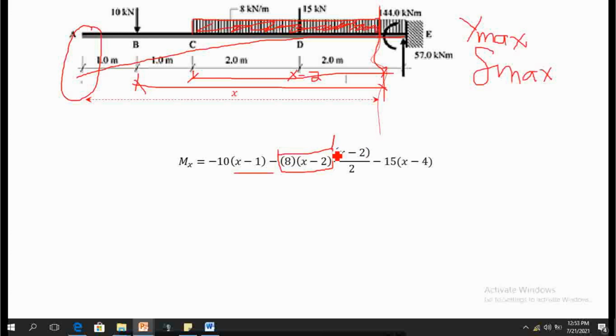Ano naman itong value na to? Itong value na to, that is the distance of your resultant hanggang dun sa cutting plane. Okay? Minus, may concentrated load ako na 15 kilonewtons kay point D. The distance is x minus 4.